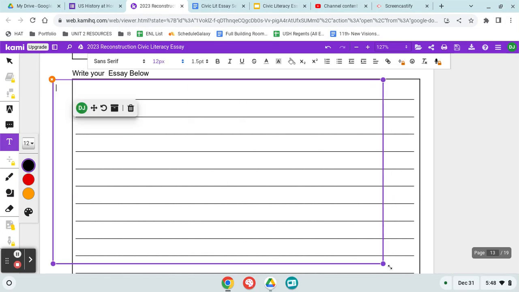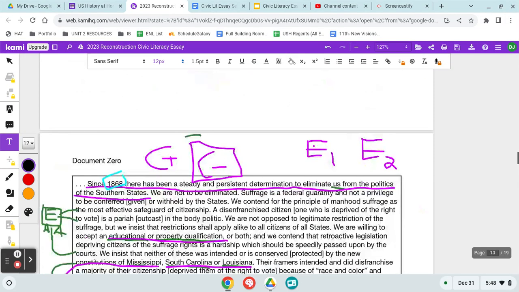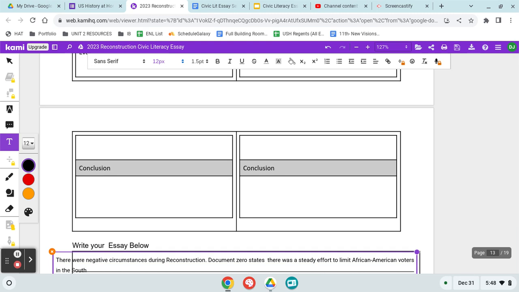So here it goes, right? Let me see. There were negative circumstances during Reconstruction. Document 0 states, go back and see, since 1868, there has been a steady and persistent determination, a steady effort to limit African American voters in the South since 1868.